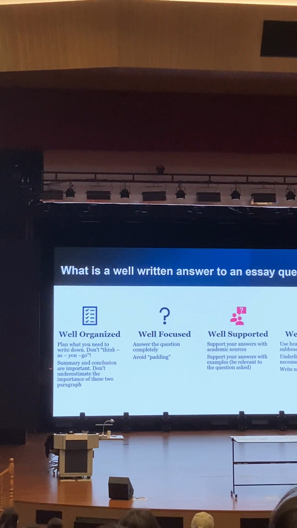And well supported, again, supporting information comes from 2 sources. 1, examples, real life cases. That's why I told you guys, attending tutorial sessions, specifically case discussion sections, is very important, because you can reflect this in the final exam writing.